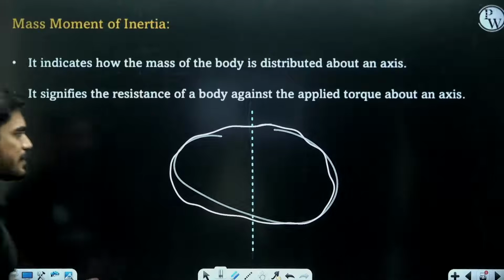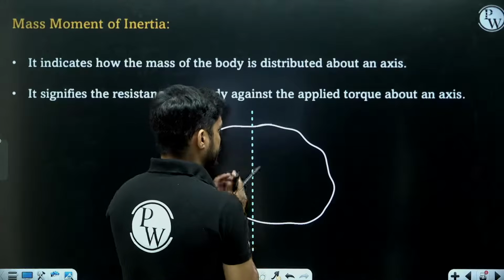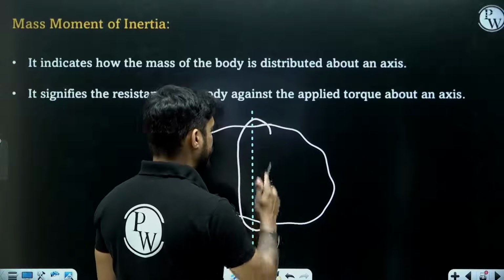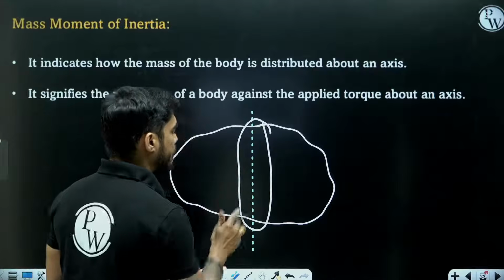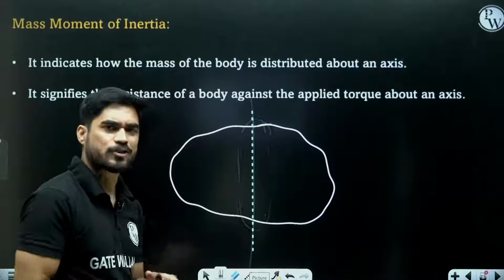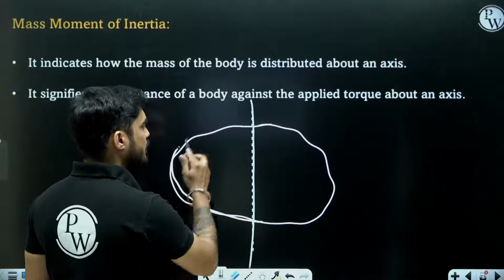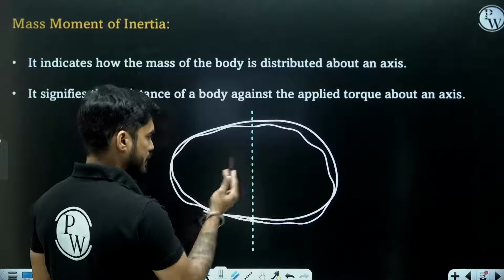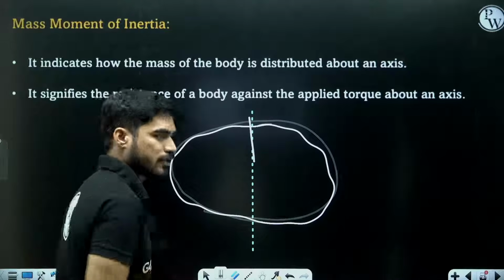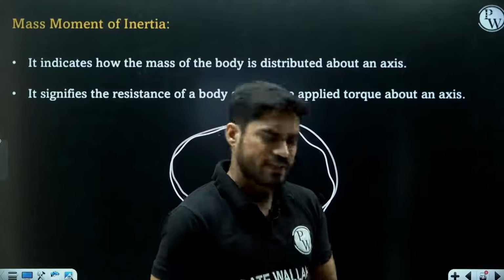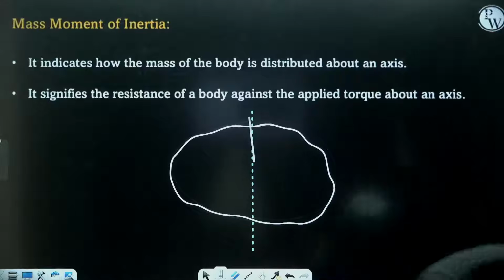If the entire mass is close to this axis, the mass moment of inertia will be less. And if the mass is away from this axis, like in this case, the mass moment of inertia will be more.